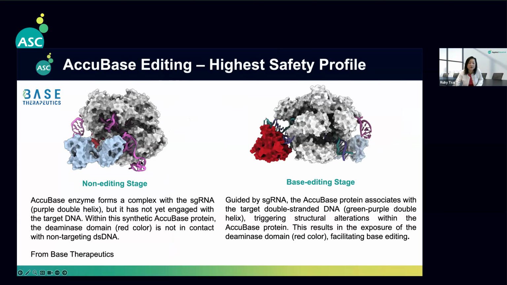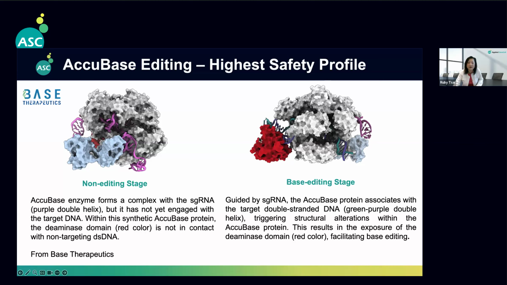So the difference is really at the non-editing stage, the deaminase component is buried in the protein, so it's not exposed to target DNA. So there's no cutting, right? And then when the guide RNA leads the enzyme to the target DNA, there's an alteration in the structure of the protein.